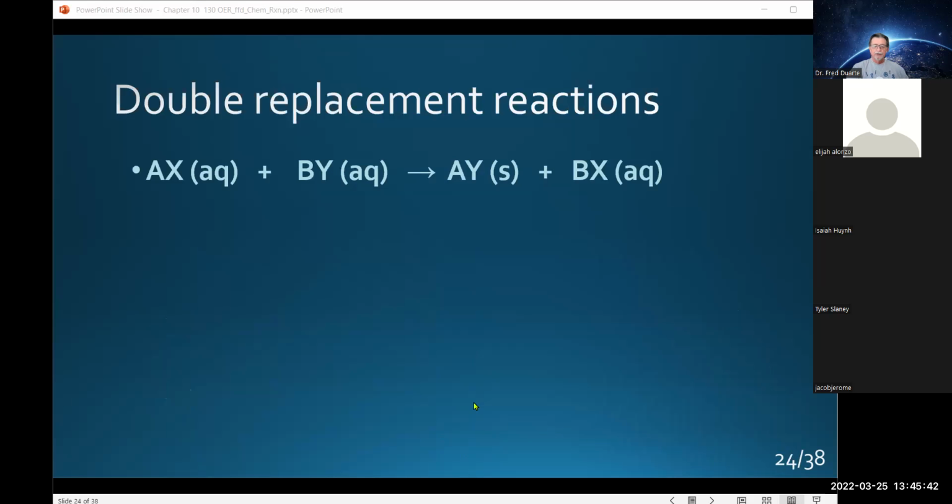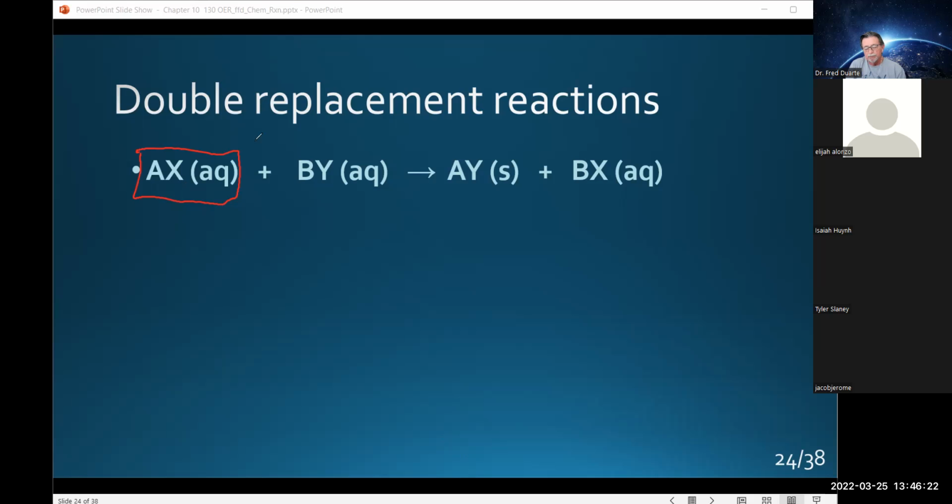Okay. All right, now with respect to double replacement reactions, we had a single replacement reaction. Here we have a double replacement reaction. This is analogous to the one we did just before we finished up last time we met before break, where we had 2 compounds that were soluble in water. We mixed them together, they exchange partners, and one of them is insoluble based on the solubility rules, and therefore a reaction occurred. Okay, and so if we look at AX, for example, it's aqueous, based on the solubility rules it's soluble.